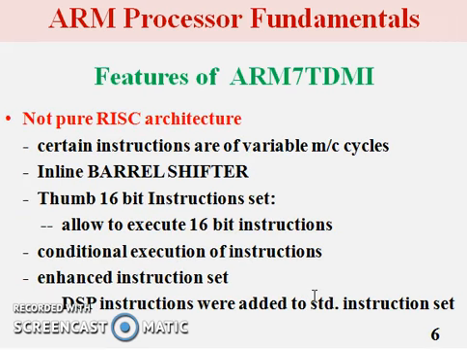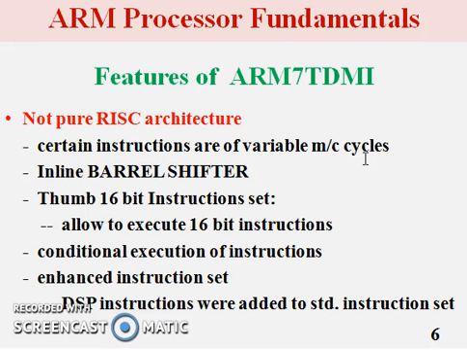Then the most important feature of this ARM7 TDMI processor is that it is not a pure RISC architecture. In pure RISC architecture, each and every instruction takes a fixed machine cycle, but in ARM7 TDMI architecture, certain instructions take variable machine cycles. So it doesn't support an exact RISC architecture.